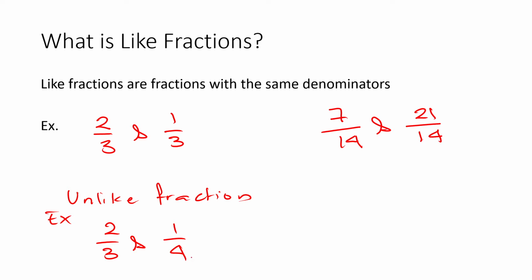Those are unlike fractions because one fraction has a 3 as the denominator and the other has a 4 as the denominator. They don't have the same number, so that means they are unlike fractions. We'll go over this in the next video, but I just want you to see what like and unlike fractions are. Now let's move on to story time.